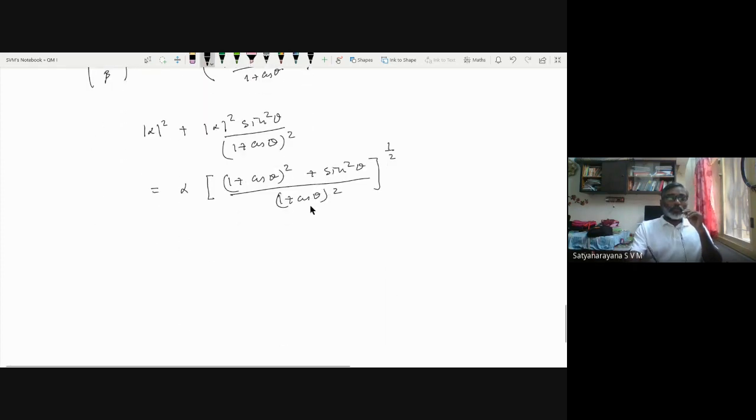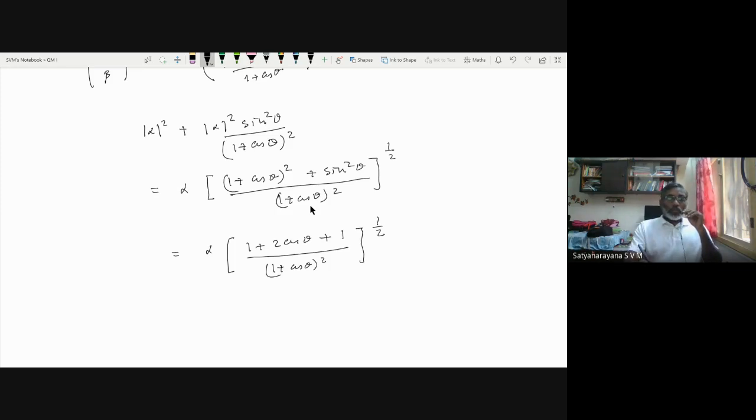This becomes 1 plus 2 cos theta plus cos square theta plus sin square theta, that becomes 1, so there is 1 divided by 1 plus cos theta the whole square, to the power half.